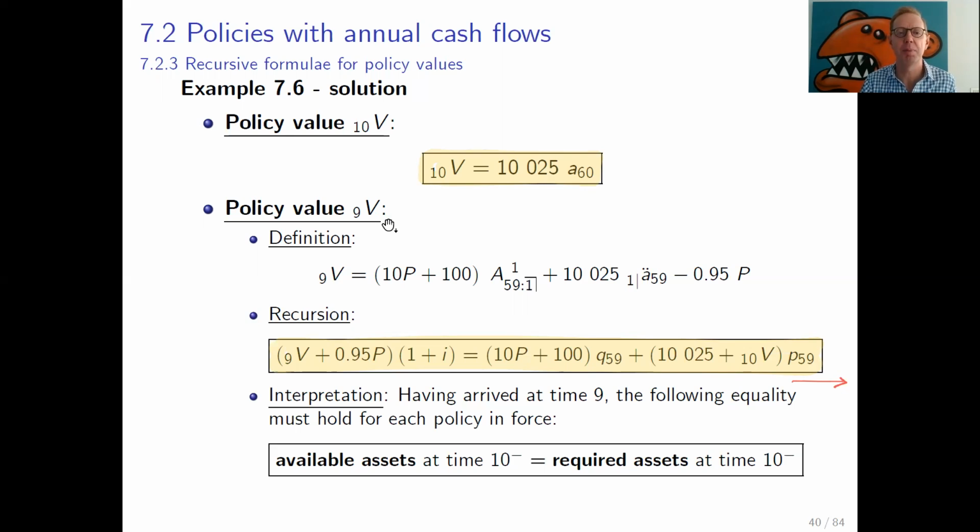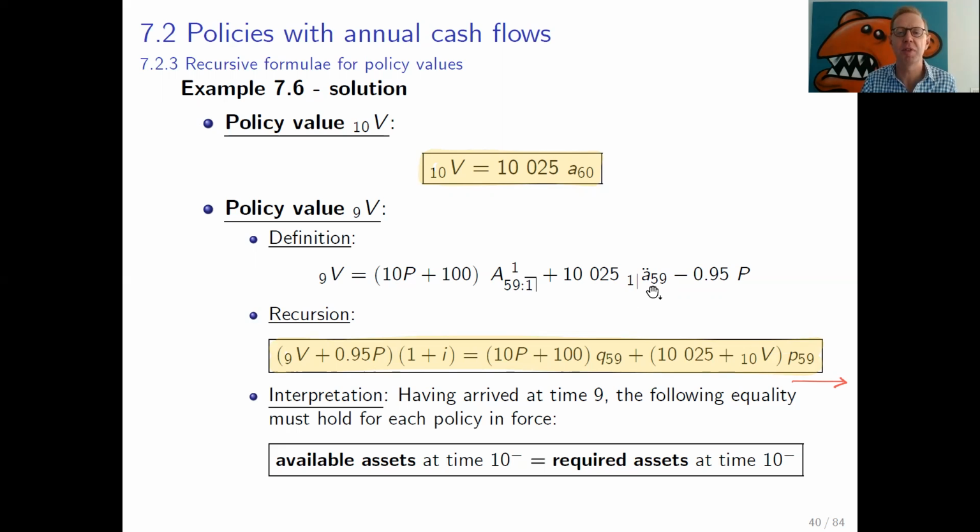Let us then have a look at the policy value at time 9. By definition, the policy value at time 9 is the actuarial value of future benefits minus the actuarial value of future premiums, corrected for related expenses. So this first part in the equation is in fact the actuarial value of the death benefit. Indeed, if the person of age 59 dies in the next year, he gets 10 premiums paid and there is an expense of 100. Then we have the actuarial value of the future annuity payments.